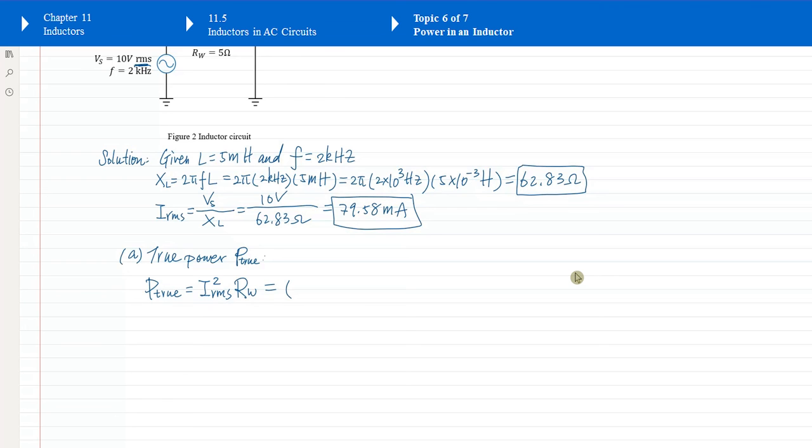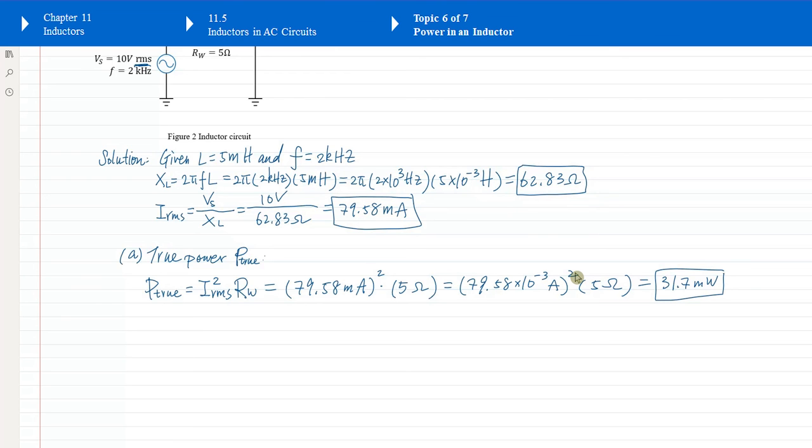The root mean square current is 79.58 that we calculated from the previous step, squared, times the winding resistance, which is 5 ohm. That is 79.58 times 10 to the power negative 3 ampere squared times 5 ohm. Use calculator. I got 31.7 milliwatt. Unit is watt, since it is true power.